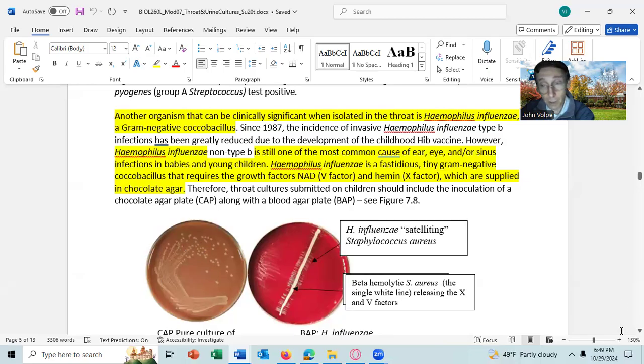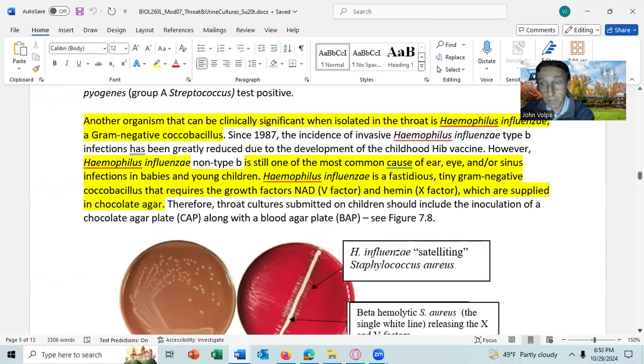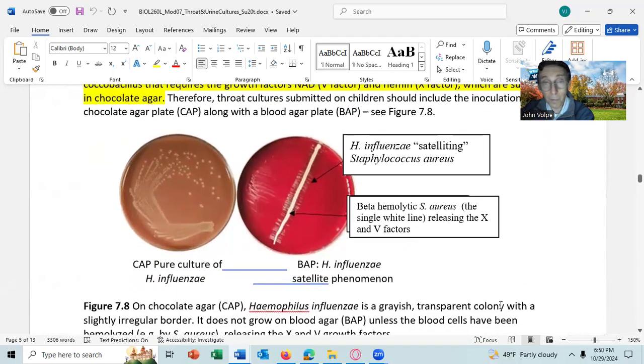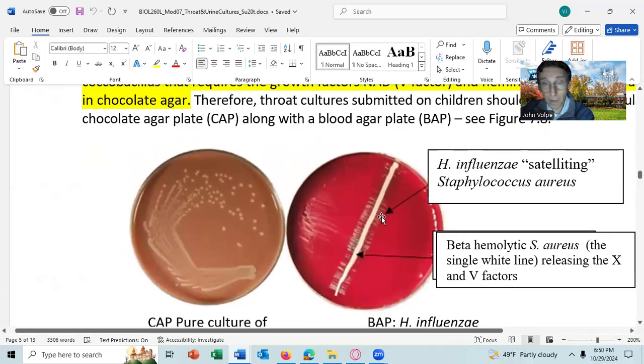It will not grow on blood agar unless you do something special, like you put a streak of Staphylococcus aureus this way on a blood agar plate, and then you streak the Haemophilus influenzae perpendicular to the Staphylococcus aureus.